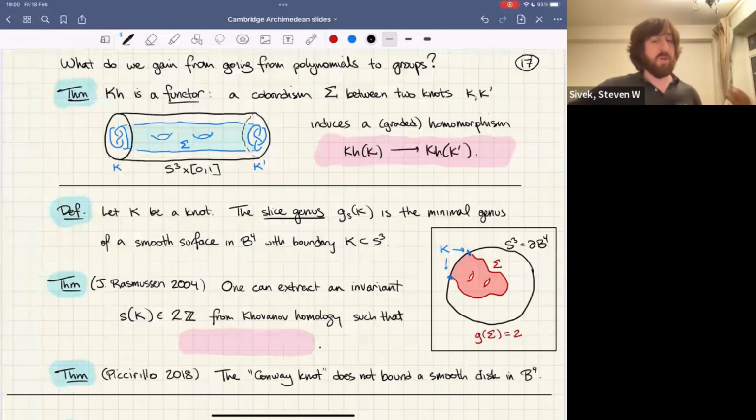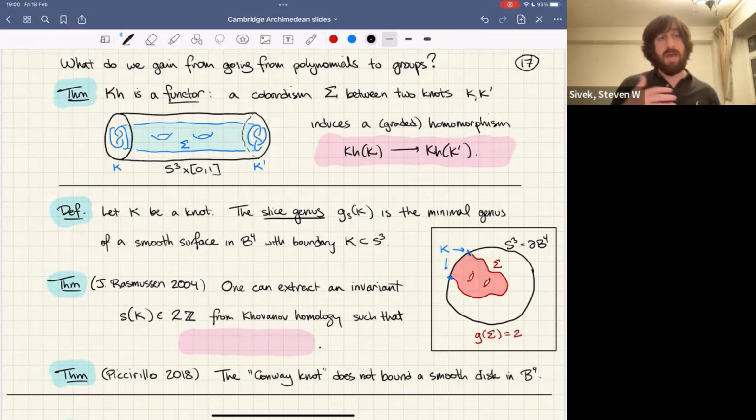And these homomorphisms are well behaved and they respect the gradings and so on. So there's a lot of extra structure when you have this built in. There's no such thing as a map between polynomials, but there is a map between groups.